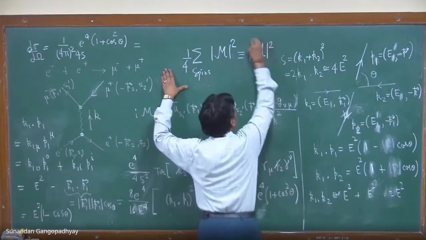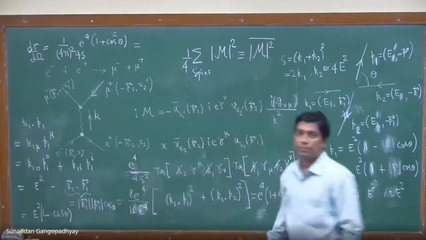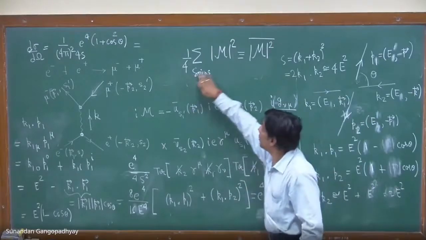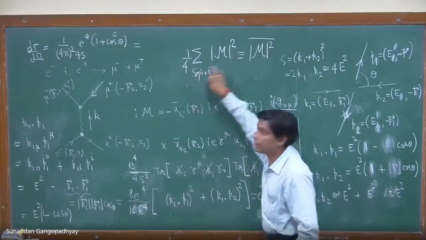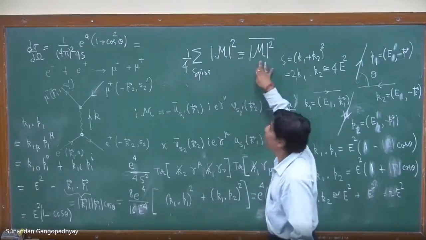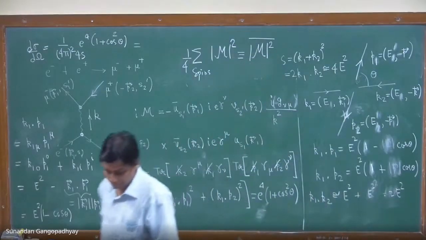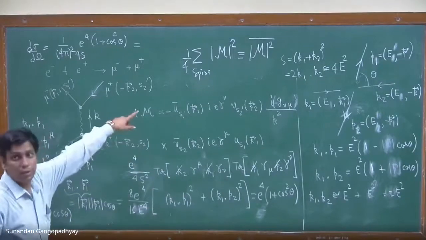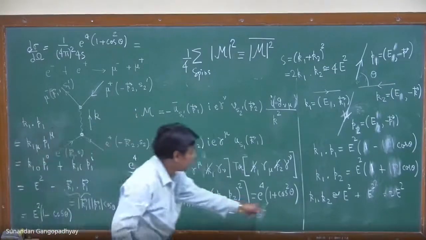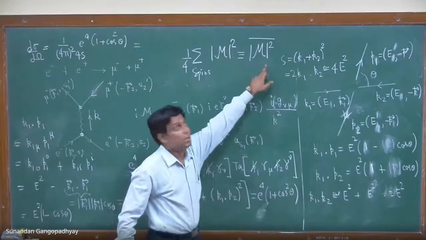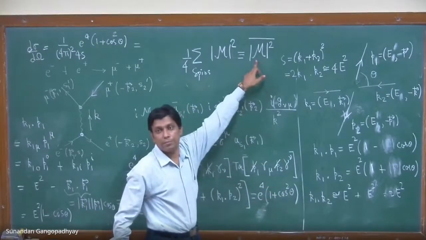Let me introduce a new notation. The quantity that we have calculated is this, and let us call this quantity M bar mod square, the average. So if you use this, the expression e to the power of 4 into (1 plus cos squared theta) actually is equal to this object.